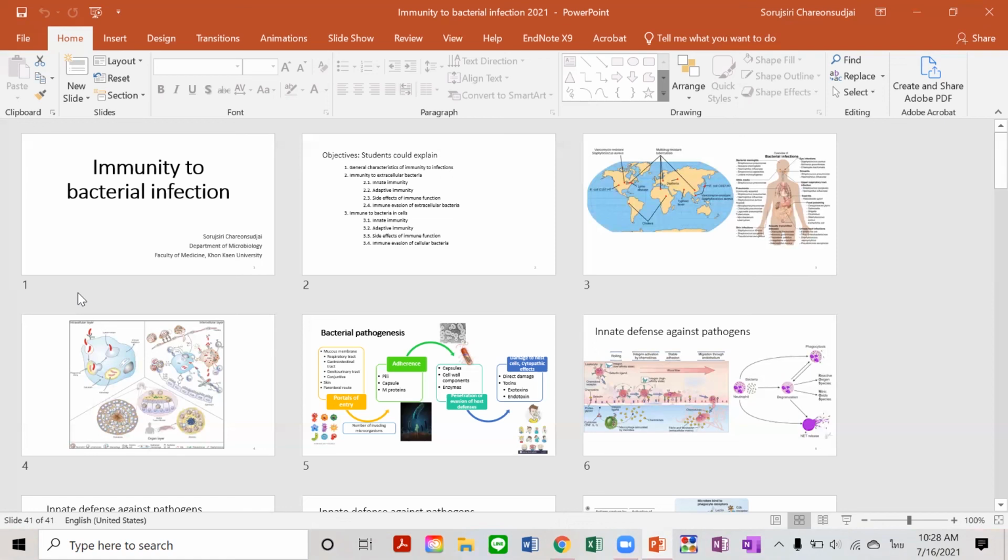But in intracellular bacteria, at some stage of the infection, they may spread from the cell and be exposed to the outside. So our antibody may detect them, but mainly they prefer to stay inside cells because they need something for their growth, or they may have receptors to bind and get into the cells. It's the nature of the bacteria to prefer to stay inside.